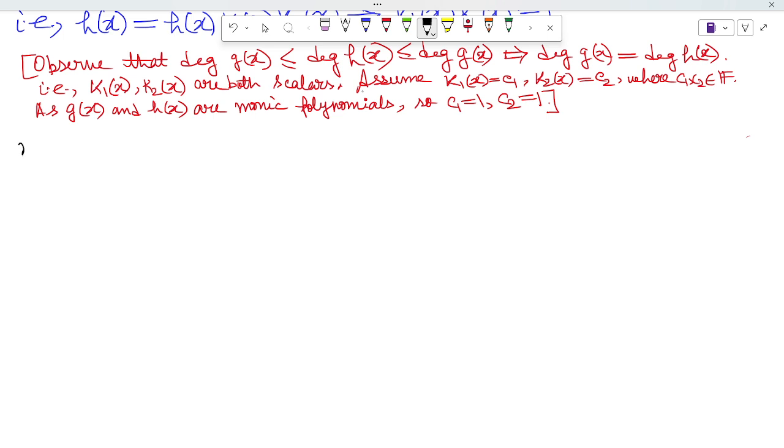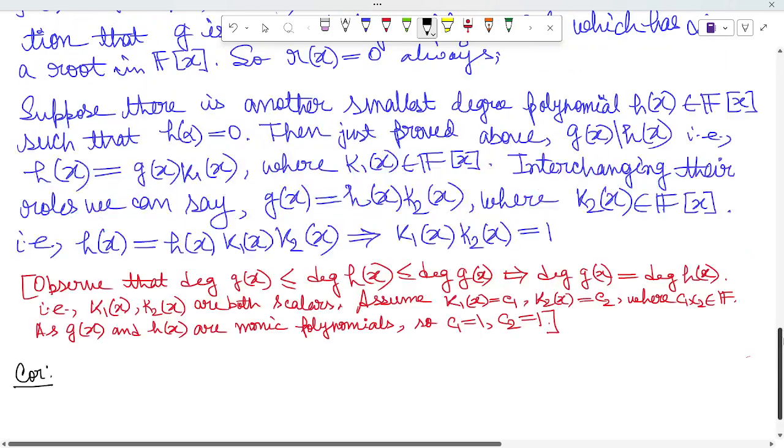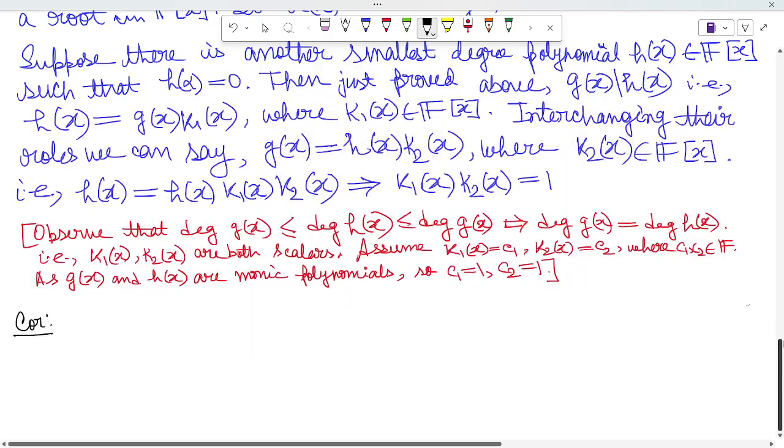Now, as a corollary, we can write this. Now comes the scenario of field extension.